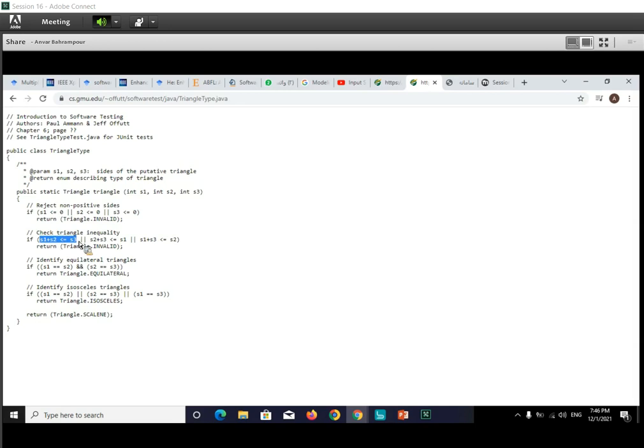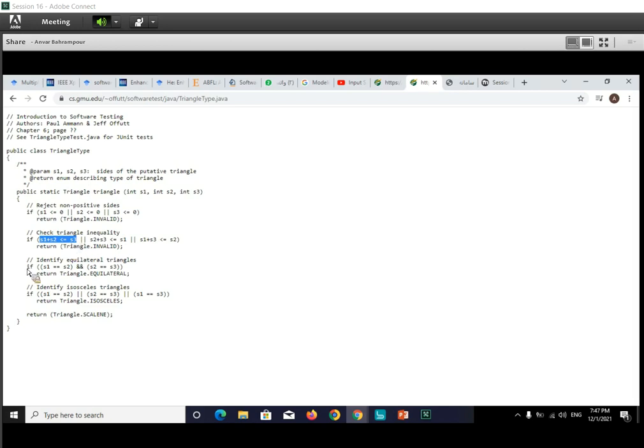In this step we also check another type of invalid triangles. Okay, invalid parameters as sides of a triangle.